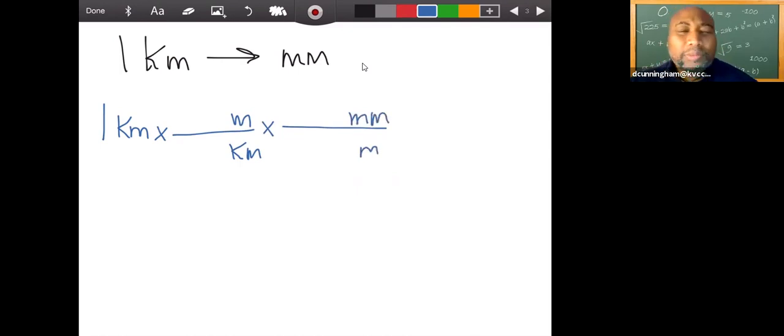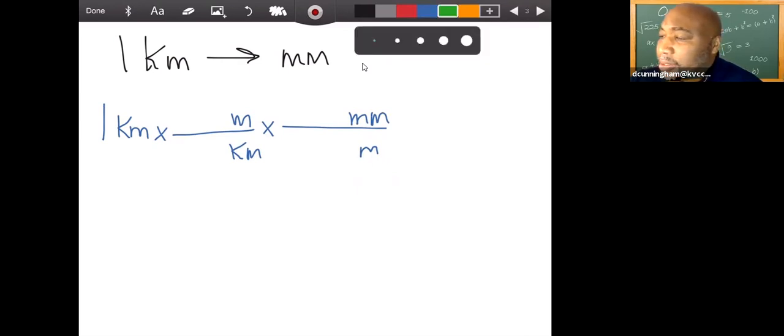It's going to take 1,000 meters to equal 1 kilometer, and it's also going to take 1,000 millimeters to equal 1 meter.